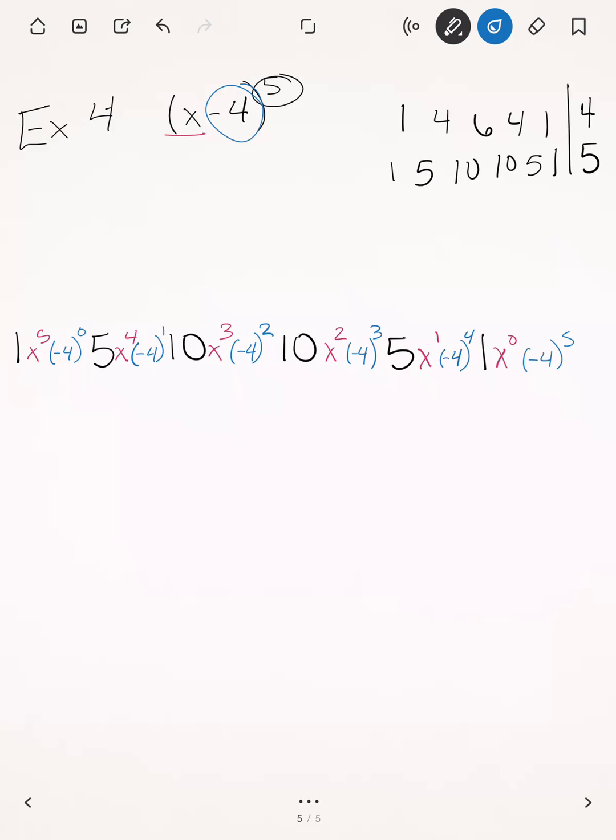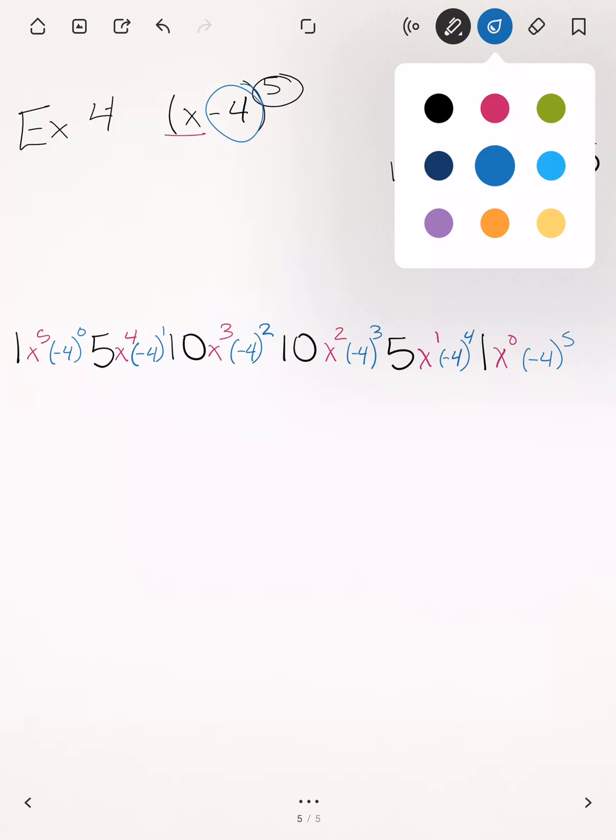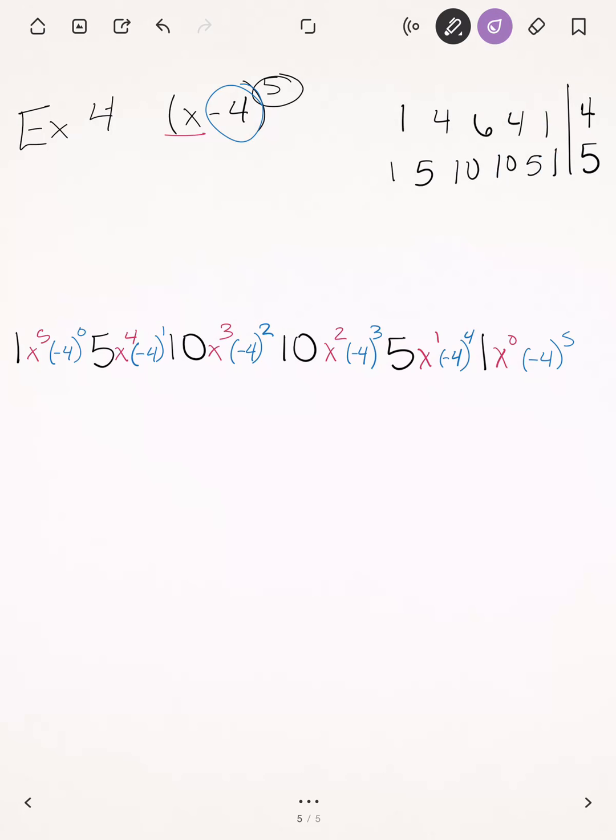Okay, so from here, let's see what we get. I have 1 times x to the 5th, negative 4 to the 0 is 1. So I get x to the 5th, so I'm done with that one.